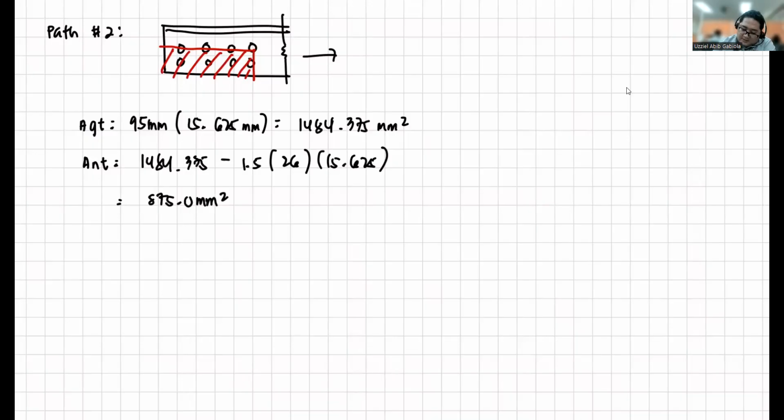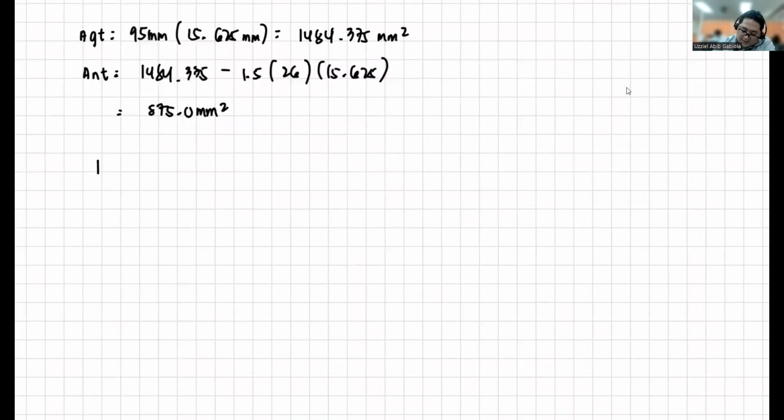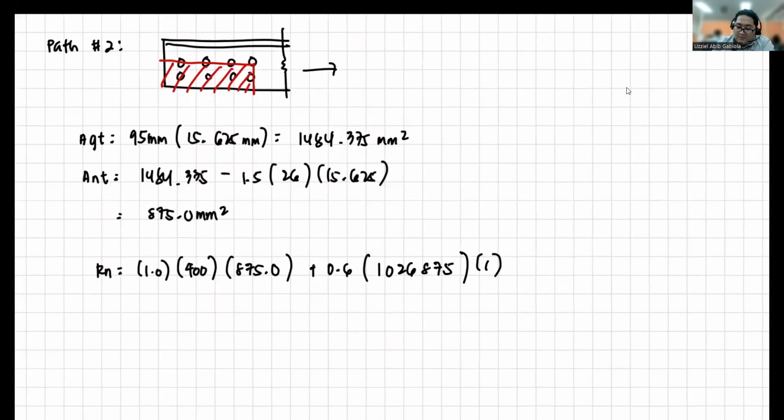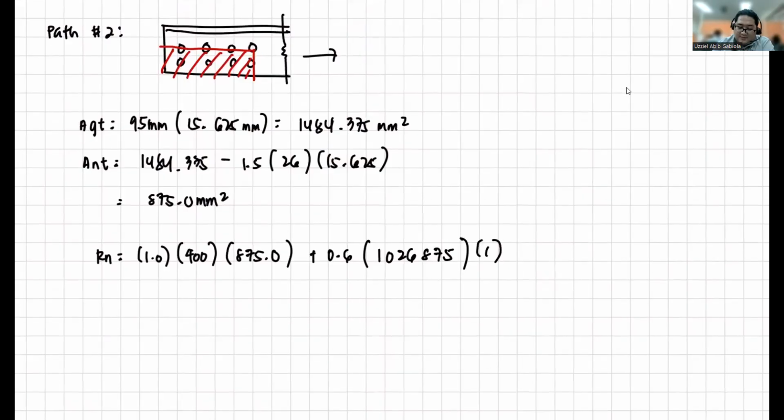Okay. Then now we can use the formula for Rn, which is equal to UBS, so 1.0, FU is 400, times ANT, 875, plus 0.6 times the minimum, which is the same, 1,026,875. And now it is only 1, not times 2, because we only have 1 shear plane. This is the shear plane, and this is the tension plane. Okay?